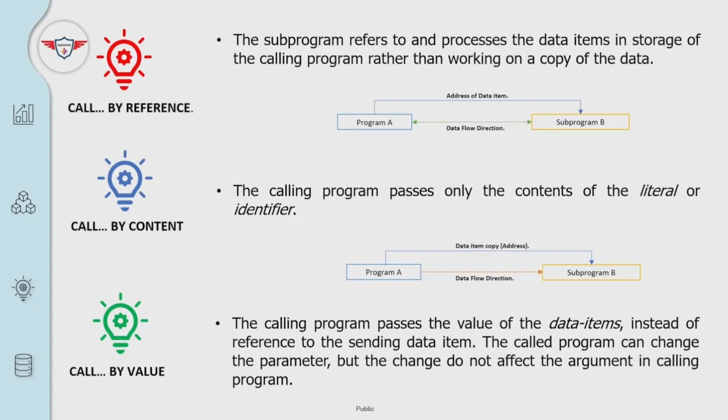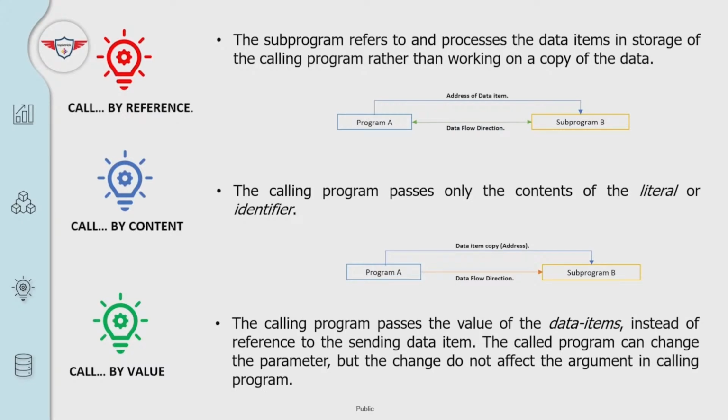What it does is create a copy of the variable or the data item and then pass the address of that particular copy to subprogram B. If the subprogram makes any changes to those variables that it has received from program A, those changes will only be reflected in subprogram B. They will not be reflected in program A, and the reason behind that is that both programs are actually accessing different memory locations.